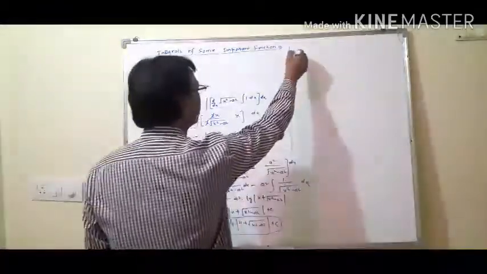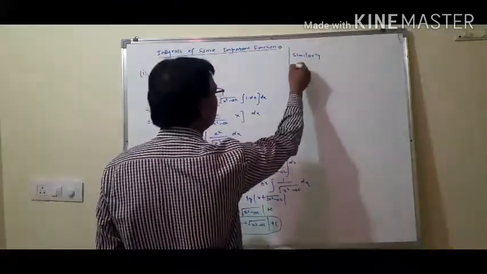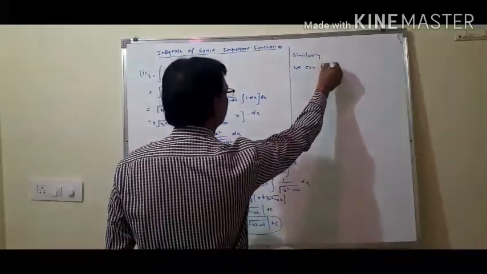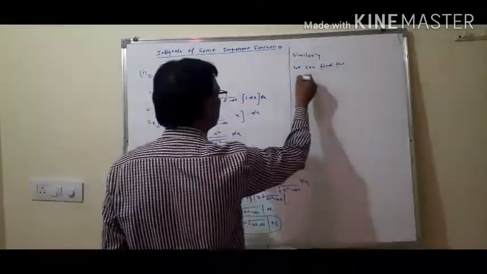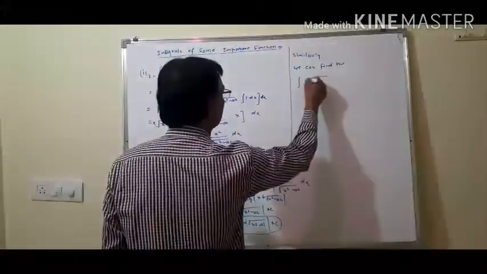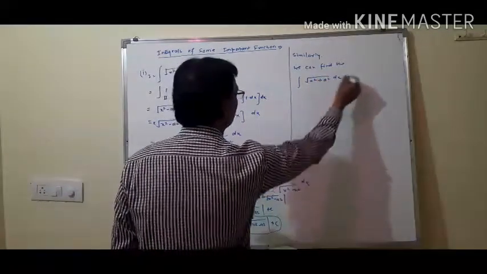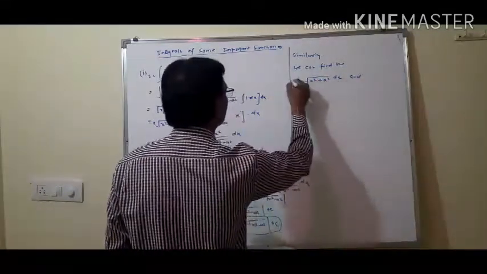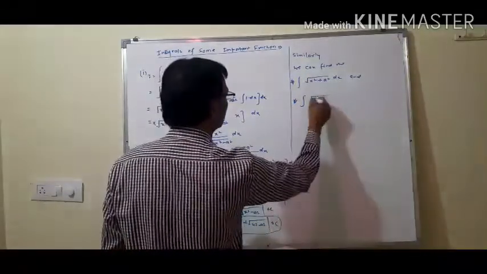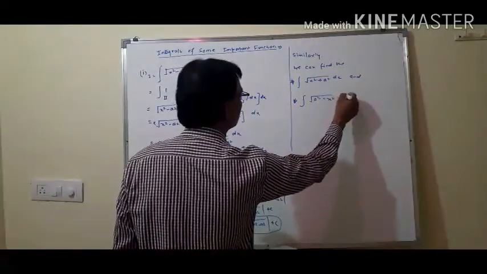Similarly, we can find the integration of root under x square plus a square into dx and integration of root under a square minus x square into dx also.